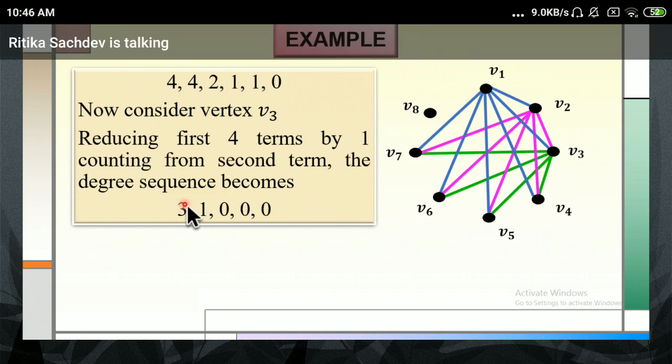Minakshi is saying we have a non-graph condition. Exactly, I have a non-graph condition. Now check, this is a non-graph condition.